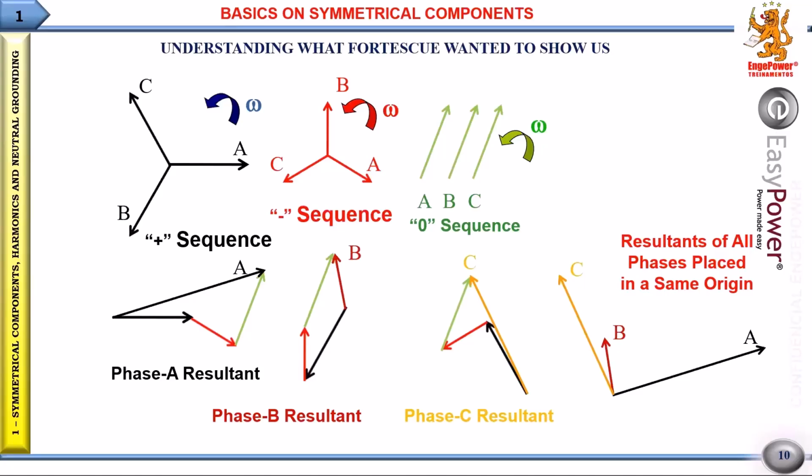Why did Fortescue do this? For a special reason. The application of phasor theory is only valid if the currents are sinusoidal. That's why it shall be done this way.